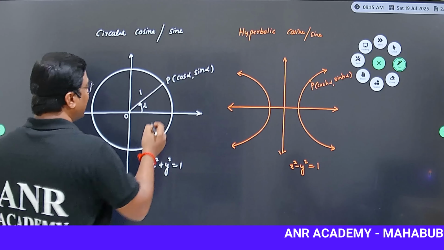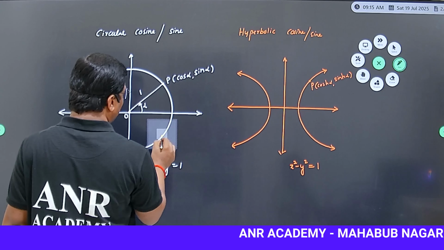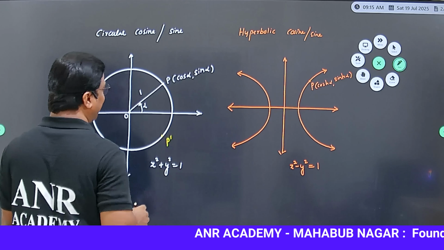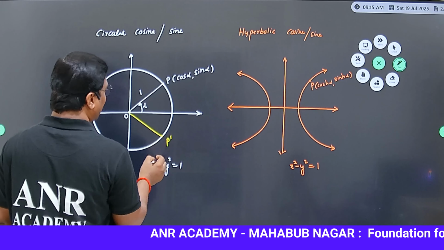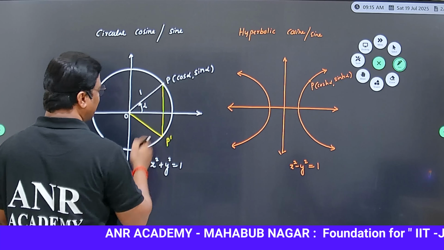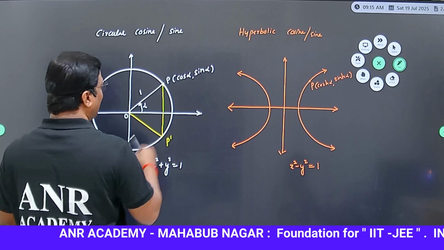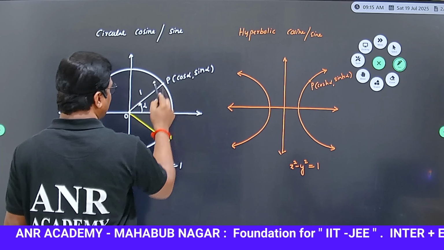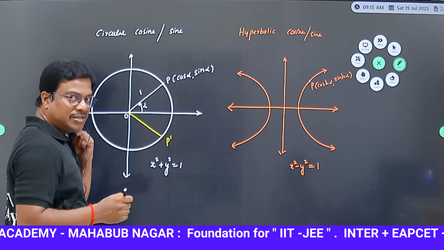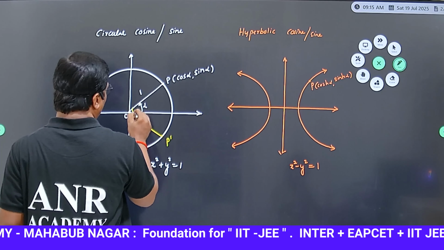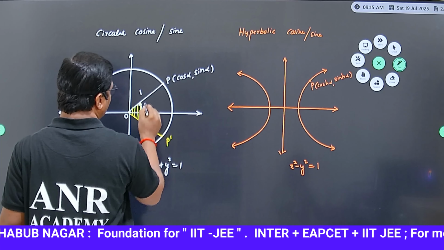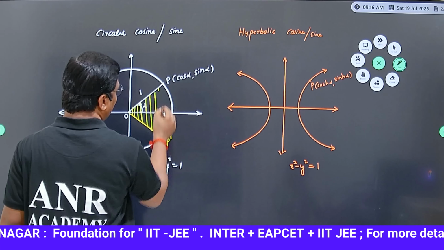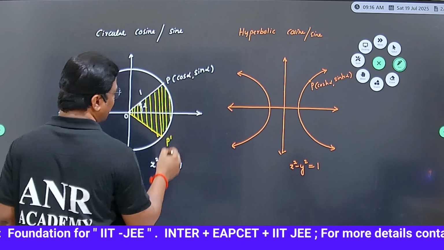Suppose that if you select image of P, suppose that is P dash, and join OP dash. I am not joining PP dash, just OP and OP dash, and I am going to shade the portion between the circle and the line segments OP and OP dash.